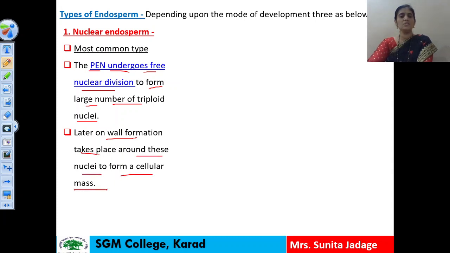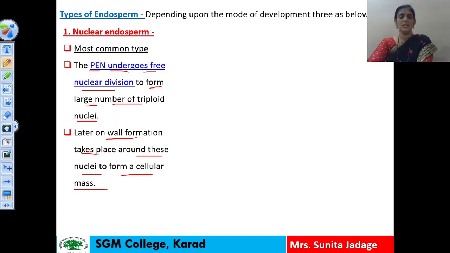So first the primary endosperm nucleus divides and shows only karyokinesis, free nuclear division, and afterwards there is cytokinesis, that is, cell wall formation around all the nuclei, forming cellular endosperm.